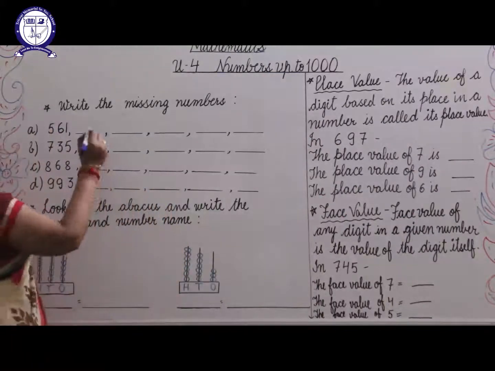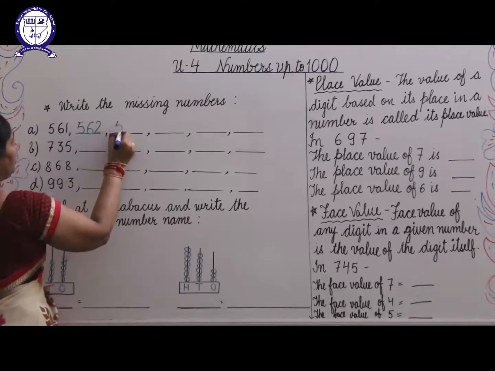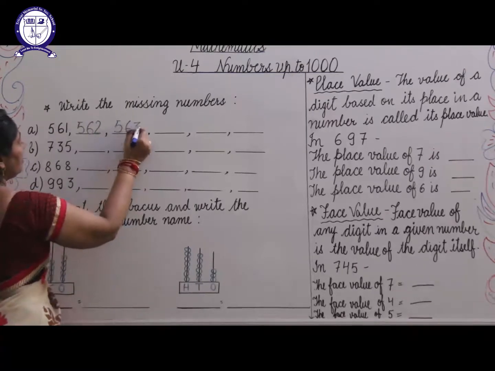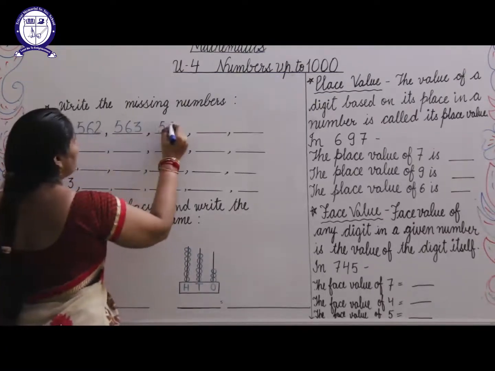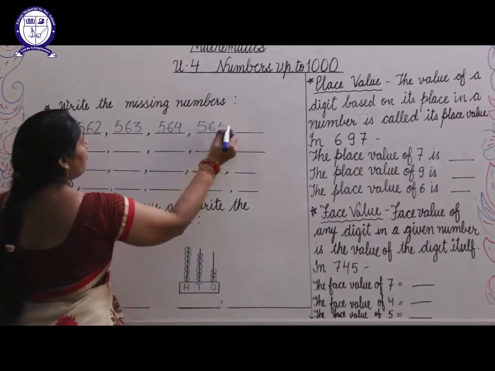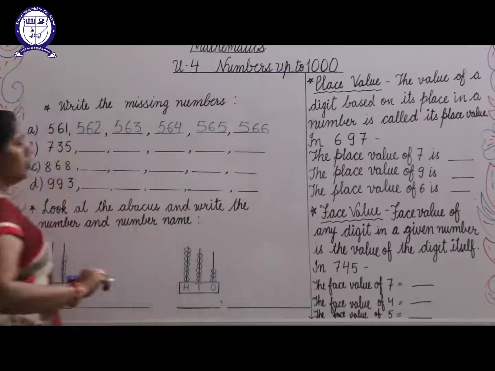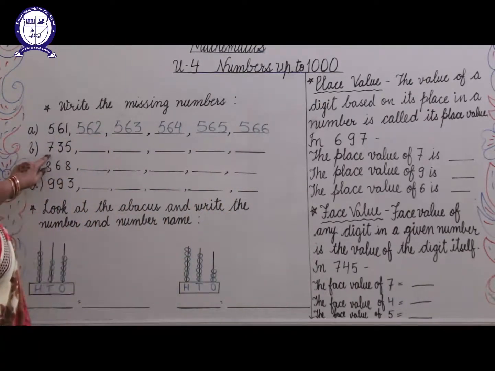561, then 562, 563, 564, 565, 566. So come to the next. 700.